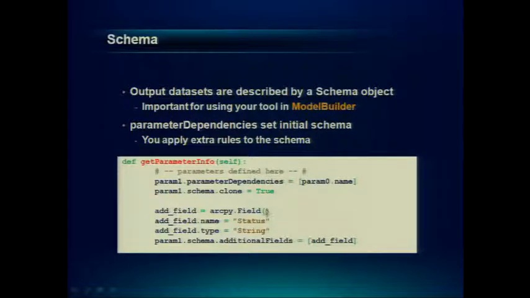But then any additional changes, there's a long list of things you can fine-tune it with. In this case, I'm just taking a field, creating a field object, setting a few properties, and then defining that on the schema as an additional field. So inside the next tool, like in Dale's add field, calculate field case, the second tool will see that field even though it has not yet been created on the input.